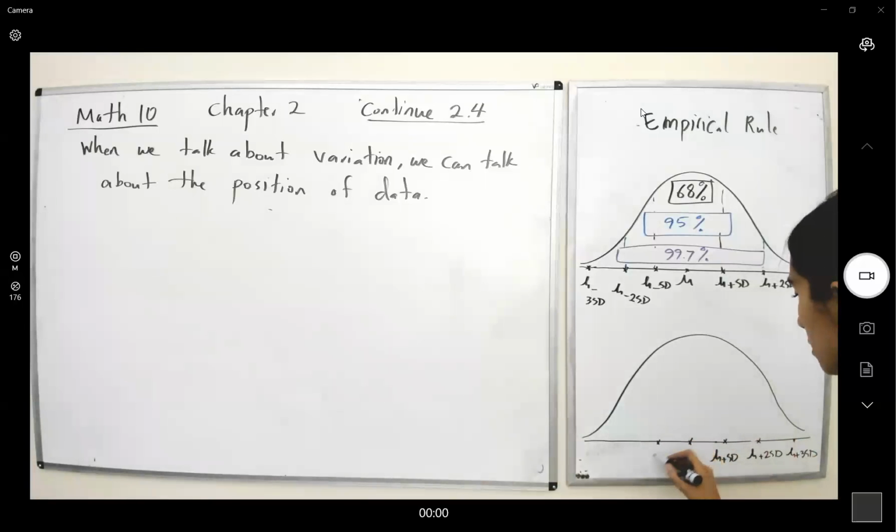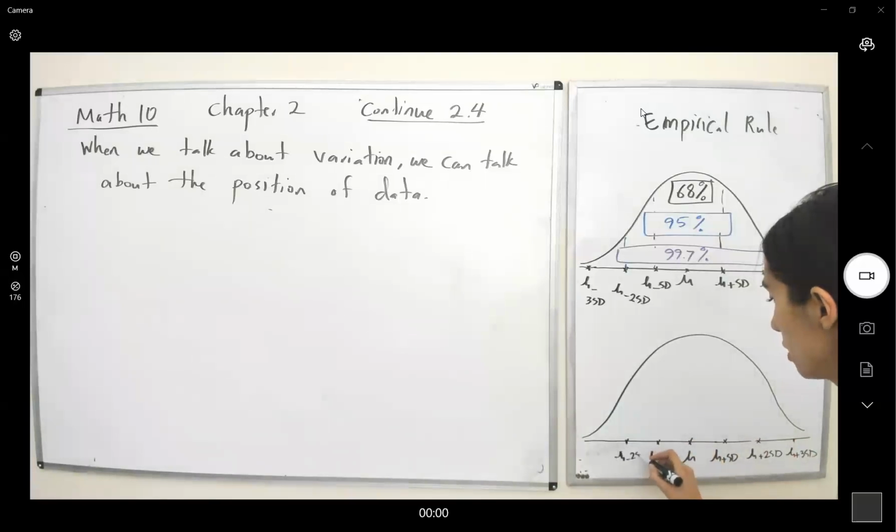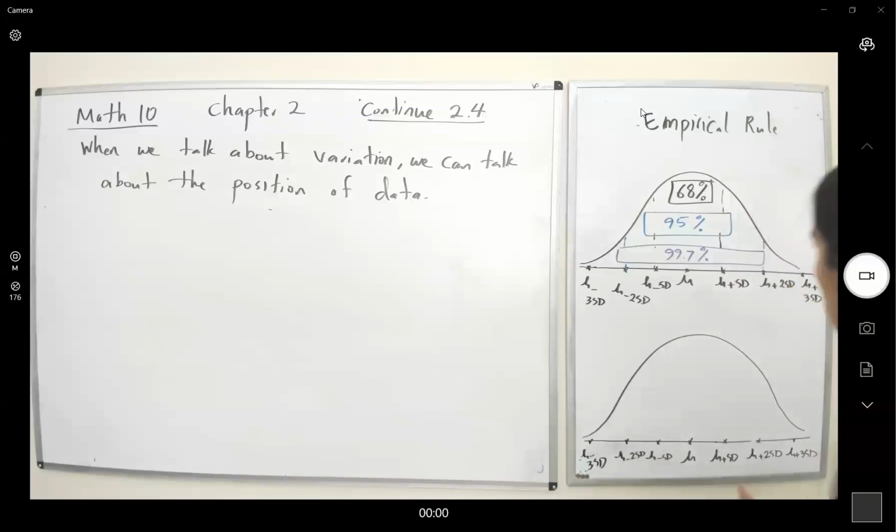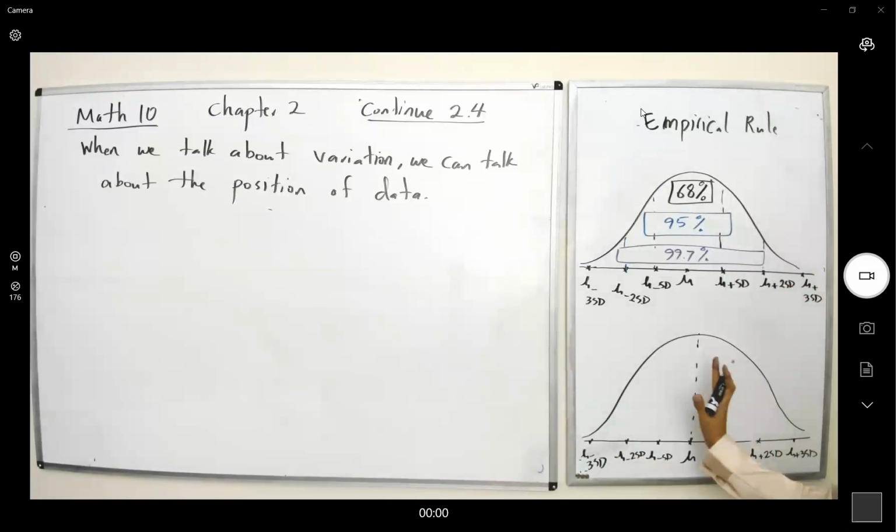And on the left-hand side, mean minus one, two, and three standard deviations. Okay, so this is my mean. I'm using this vertical line to just divide this into 50%, 50%.